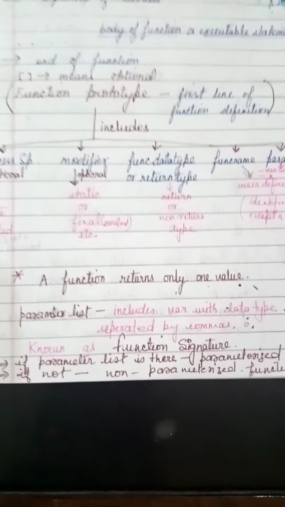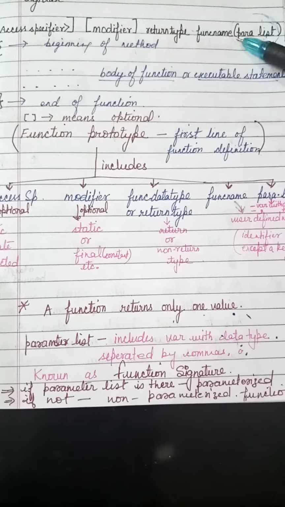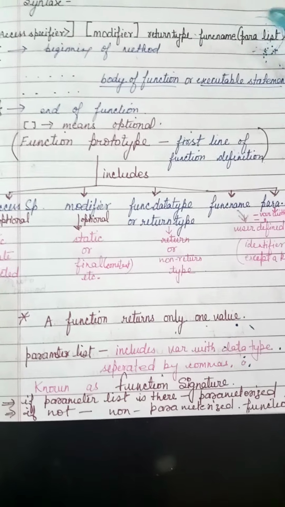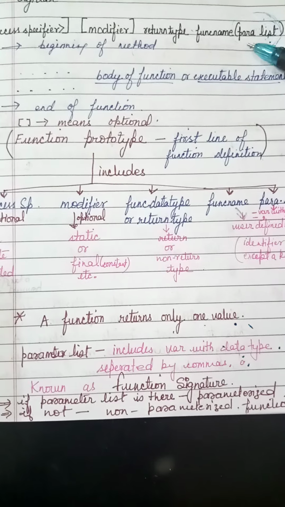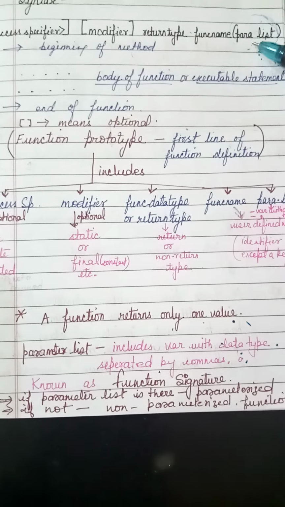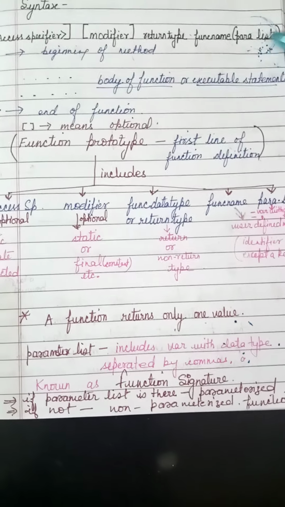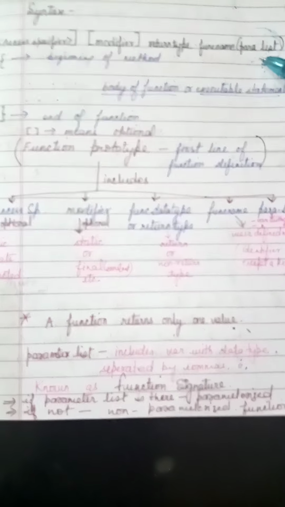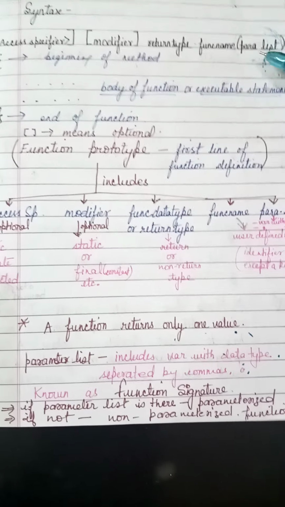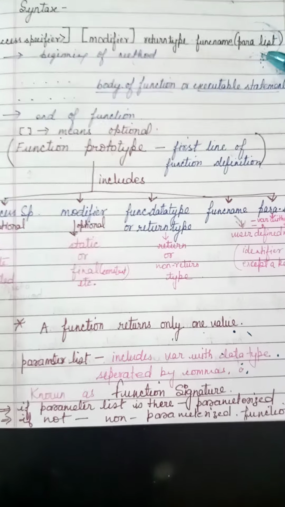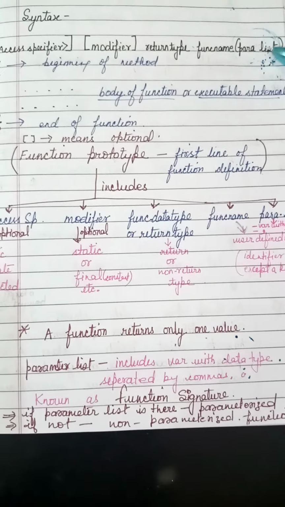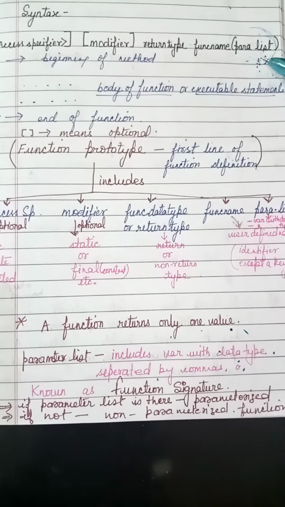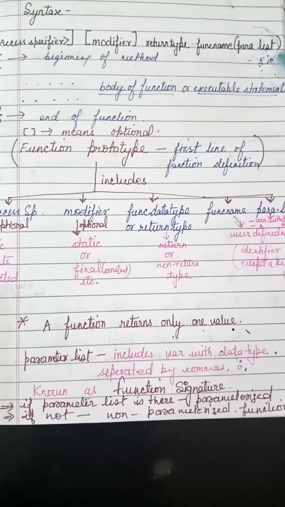This parameter list, these parentheses can be with parameters or without parameters. It's not necessary to write parameter list over here. If the parameters are there, this will be a parameterized function. And if the parameters are not there, it means non-parameterized function or method.